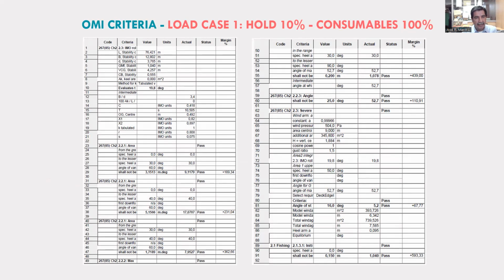This is something we can discuss a lot, because fishing vessels do not comply with any specific IMO criteria. In general, there was an intent, a trial, to specify certain stability requirements for fishing vessels, but unfortunately, it didn't pass.